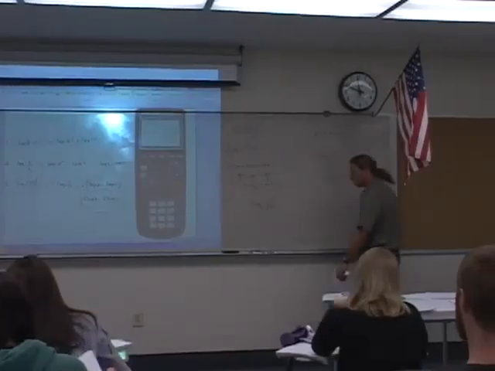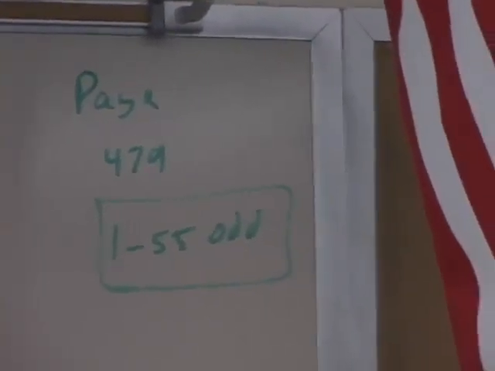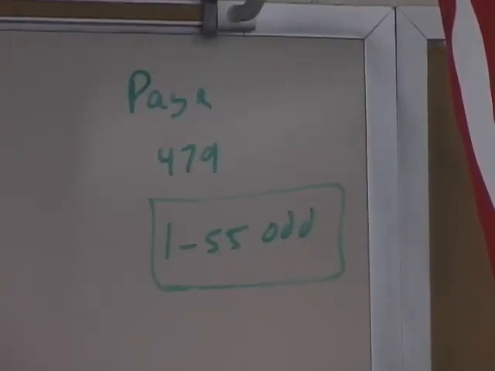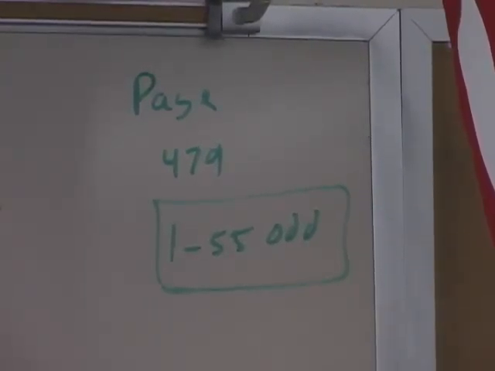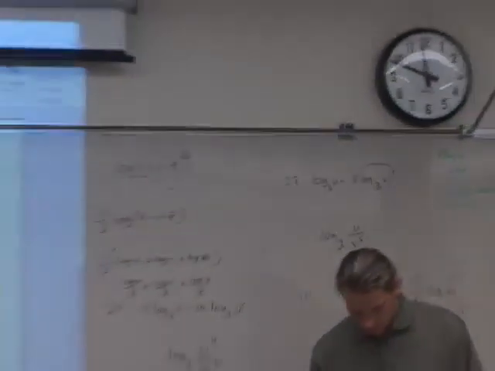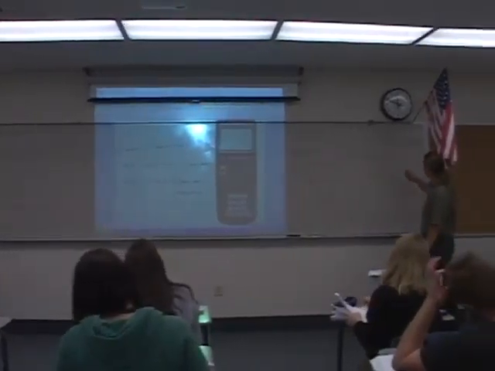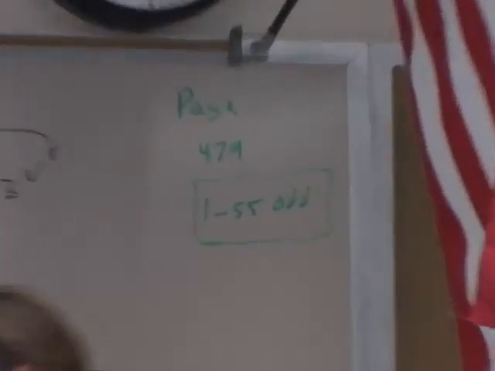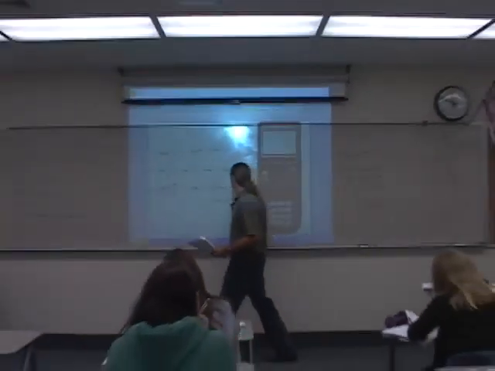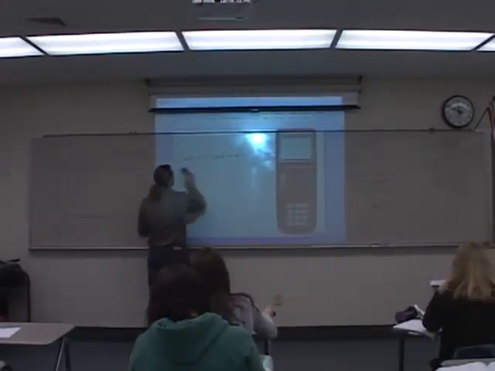On page 479 in the book, there are more of these. So you may try 1 through 55 as well as the rest of the worksheet, and I'll end on number 25. I'm gonna put it on the board here.